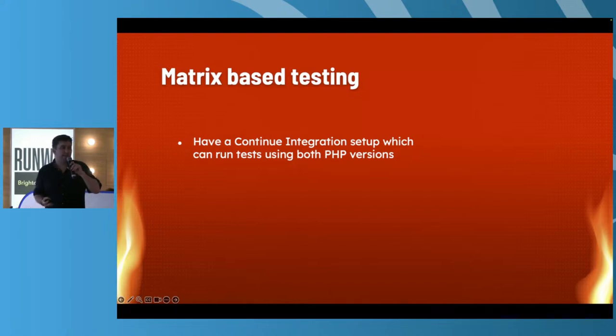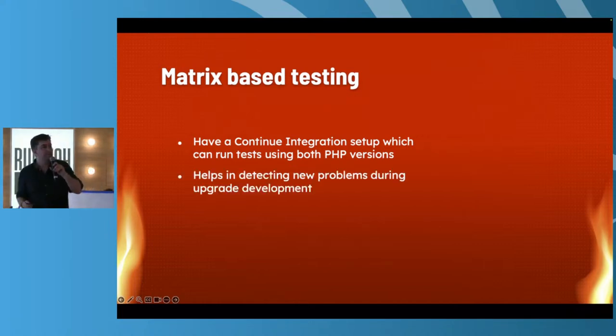So in the meantime, while we're making all those fixes, we've got it all ready for PHP 8.2, but rather than jumping straight into it, we're running tests against both while people are still developing features, so we get an idea of if some problem's going to pop up. Yeah, helps us detect all those new things.